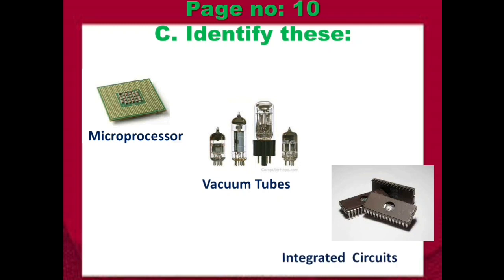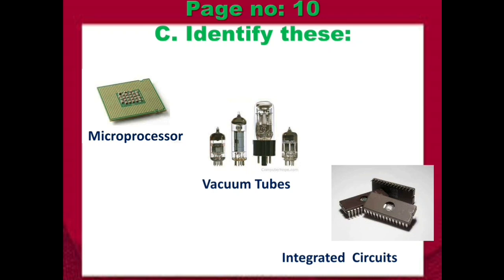The next one is integrated circuits. This integrated circuit is used in the third generation. So the first one is microprocessor, the second one is vacuum tubes, and the third one is integrated circuits.